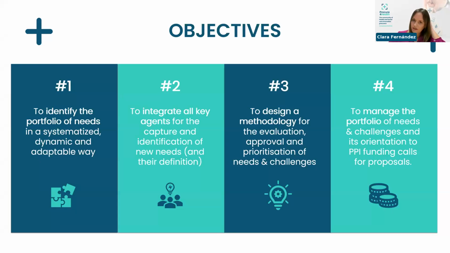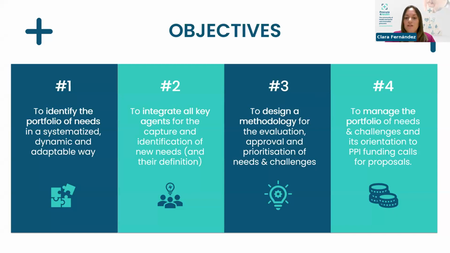So here, briefly, I wanted to share some of the objectives that the early demand map has. The first one is to identify the portfolio of needs in a systematized, dynamic, and adaptable way. Number two would be the integration of all key agents for the capture and identification of new needs, not only healthcare professionals, but also other management professionals, industry, companies, research centers, or innovation agents.